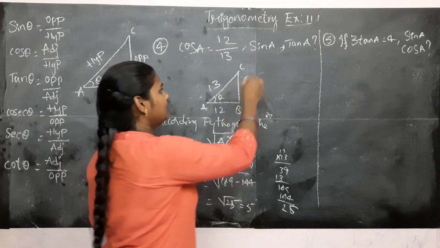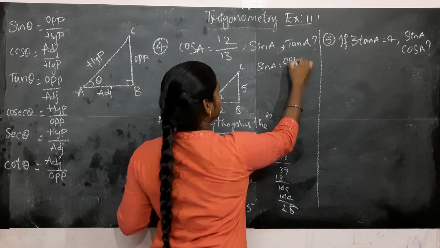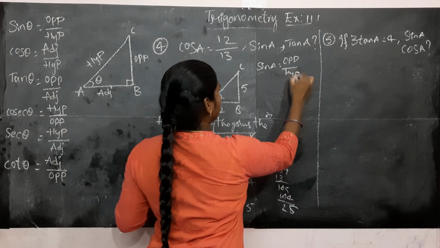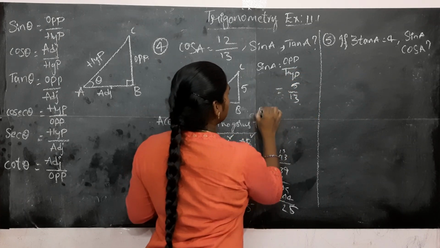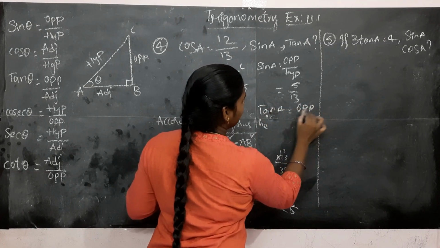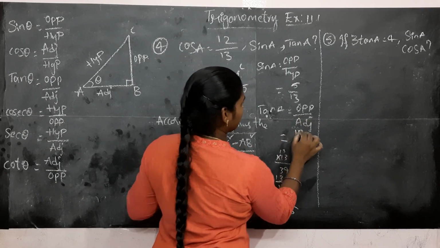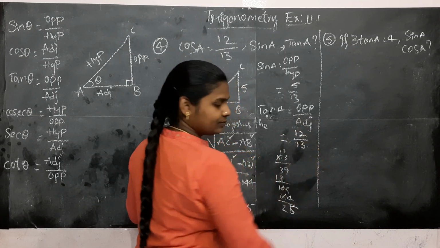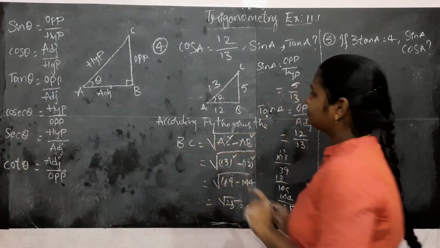So from here, sin A is equal to opposite by hypotenuse, which is 5 by 13, and tan A is equal to opposite by adjacent, which is 5 by 12. So that is the fourth problem.